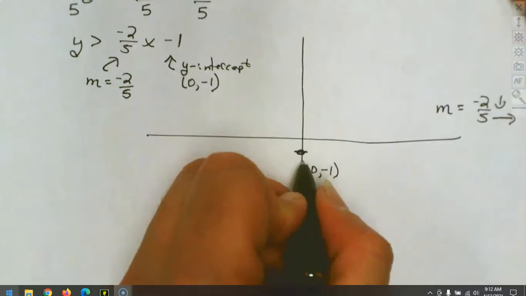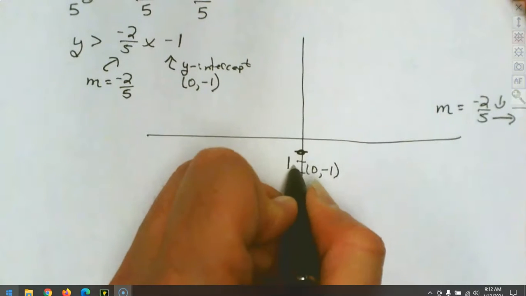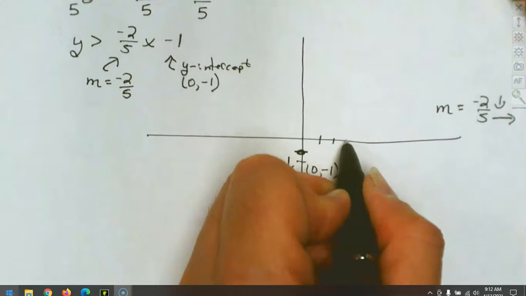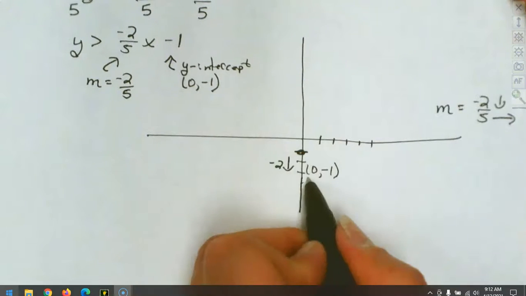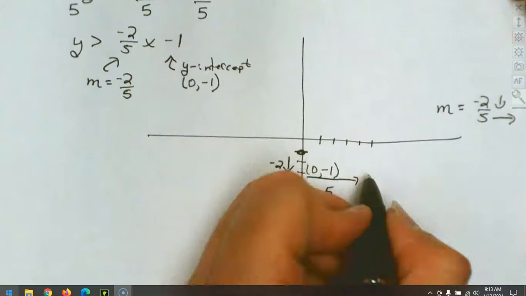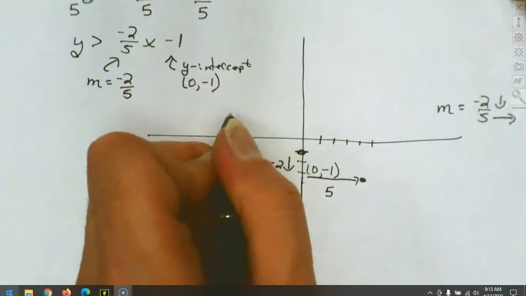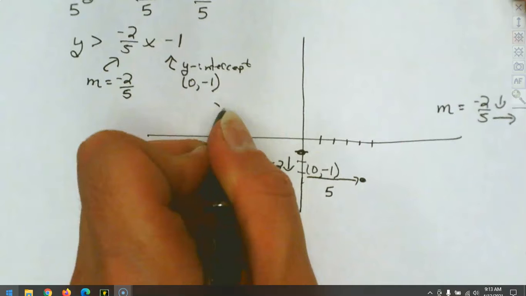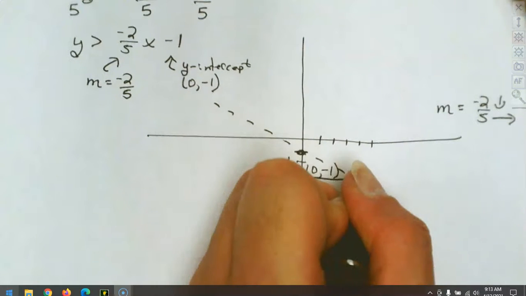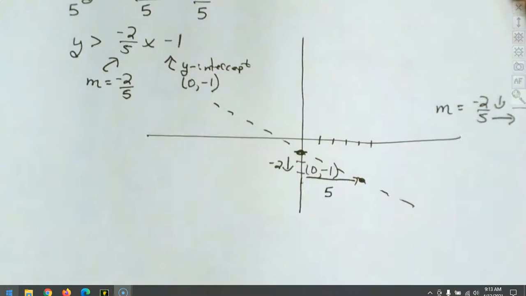So we're going to have to go down 2 units and then over 5. 1, 2, 3, 4, 5 units over. So down 2 over 5. There's my second point. We'll connect these together with the dotted line. We're not done yet.